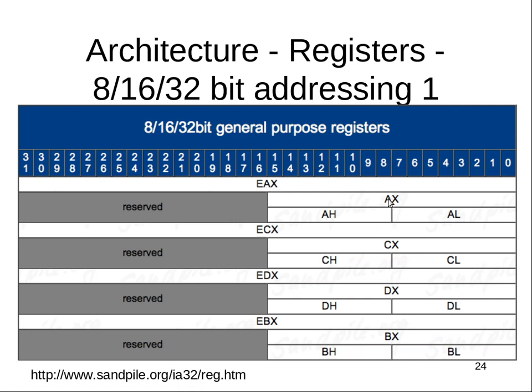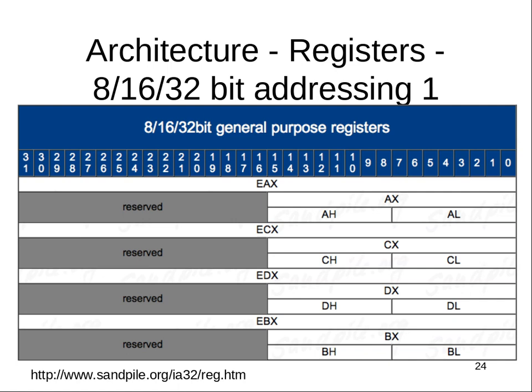If you wish to access the lower 16 bits, it's called AX. If you wish to access the lower 8 bits, it's AL. And if you wish to access not the lowest 8 bits, but the set of 8 bits above that, the second 8 bits, it's called AH. You got that? Sure.